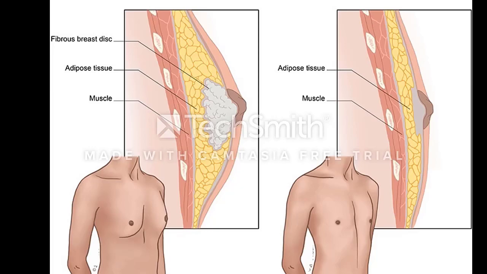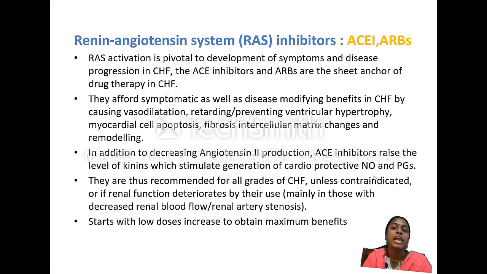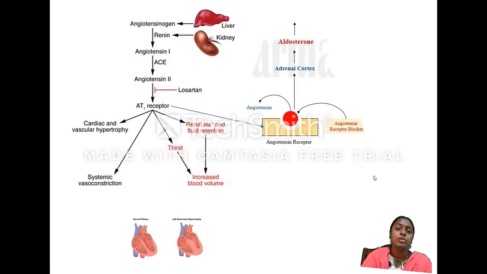So the next one is renin-angiotensin system inhibitors. Before going to this, let's see what is happening in the renin-angiotensin system. This is our renin-angiotensin system, which we can also call the renin-angiotensin-aldosterone system. So what is happening here?